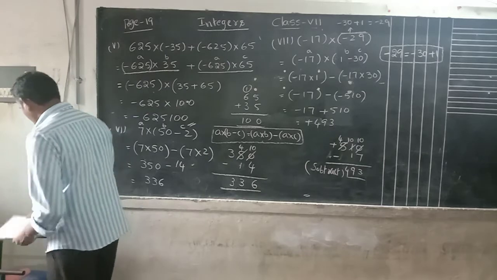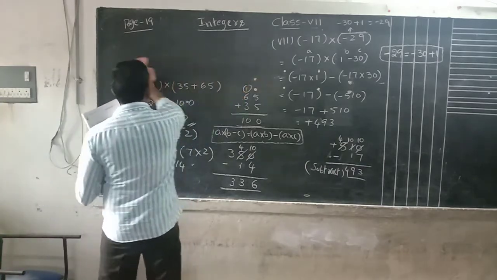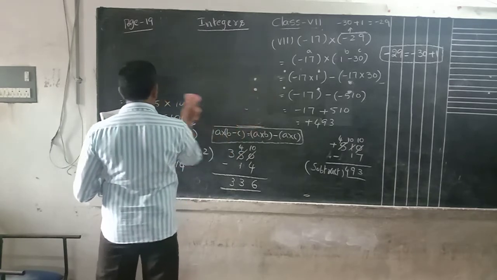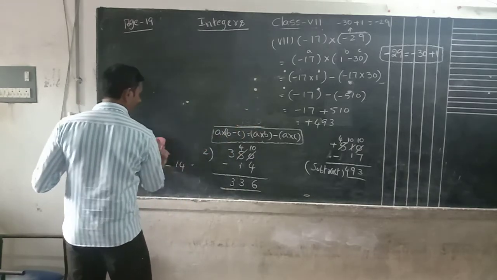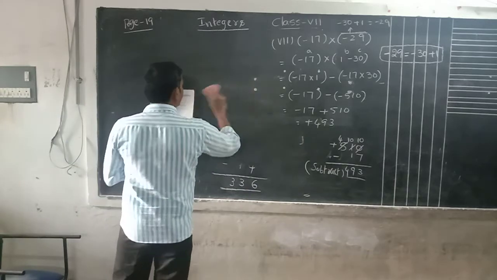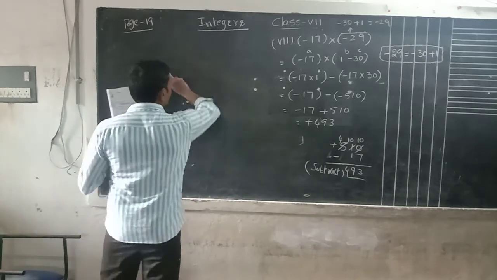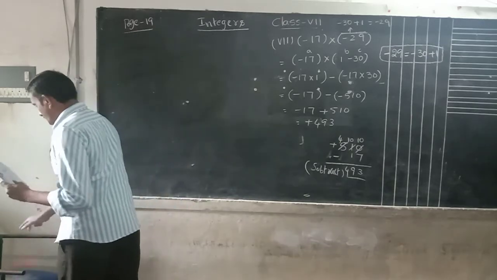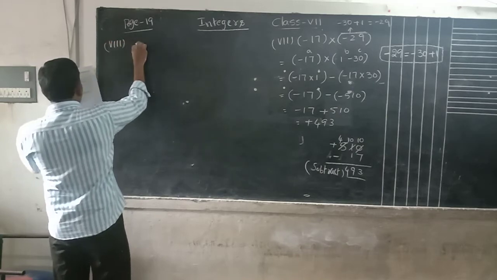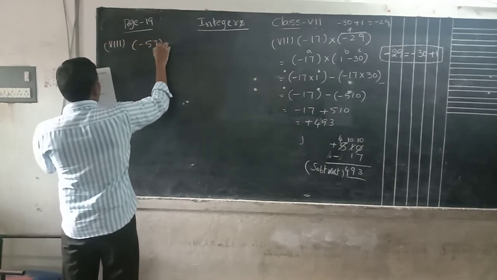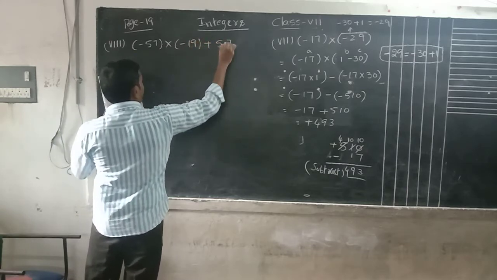And next we go for the last question in this Roman. What is the last Roman here? 8 Roman: minus 57 multiply minus 19 plus 57.